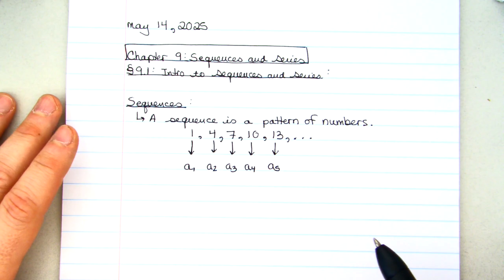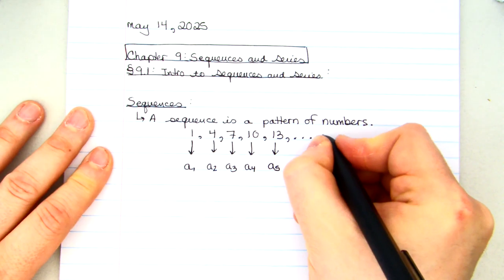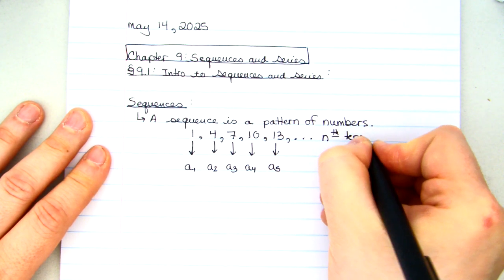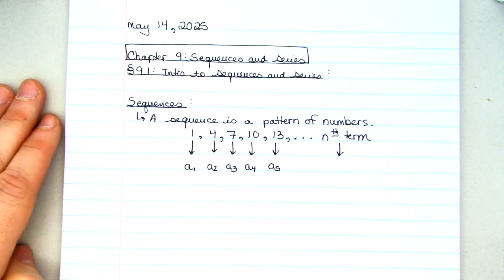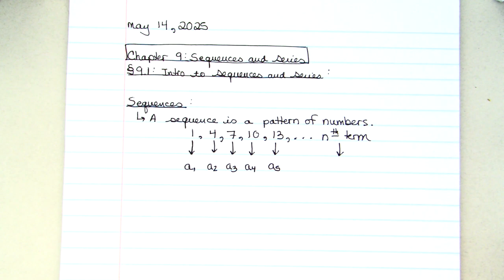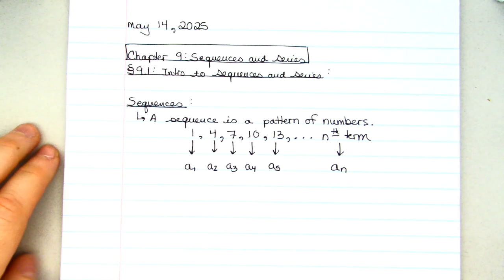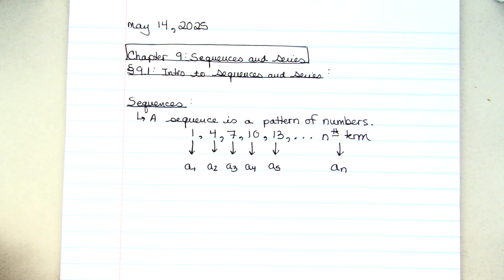Obviously, this can go on forever. I can talk about a general term of this as my nth term, whose symbol would be A sub n. Doesn't stop there. We can have A sub n plus 1, A sub n plus 2. This is really just a notation thing.